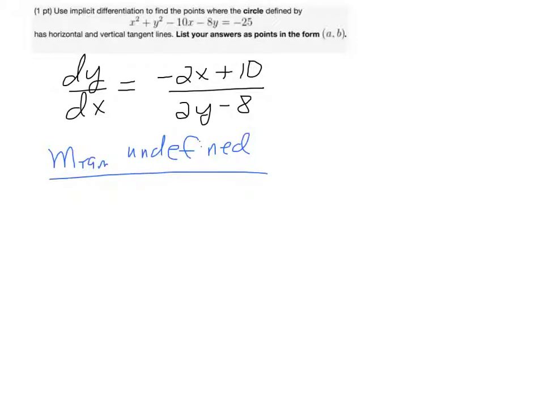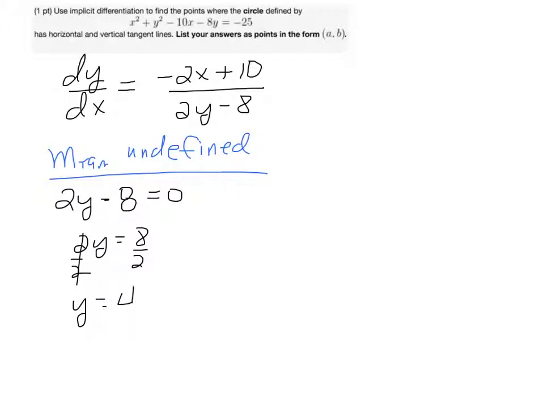Okay, so that means that 2y minus 8 is equal to 0, but the numerator is not equal to 0, so we're dividing by 0 here when we find this y. That's pretty easy to solve. We get 2y is equal to 8, so y is equal to 4.